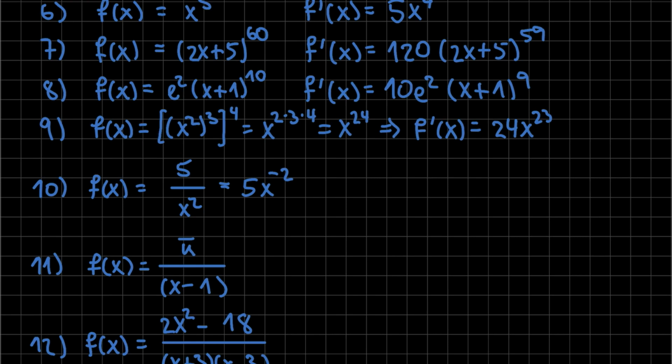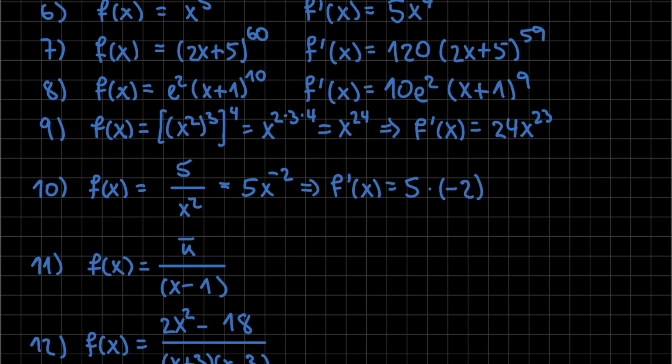5 over x squared is equal to 5 times x to the power of -2. And here we see a constant times a function. So we can just say that the derivative f dashed of x is just equal to this constant 5 times the derivative of this thing. And it doesn't matter that we have a negative exponent, we can still do this. So the exponent becomes the coefficient of x.